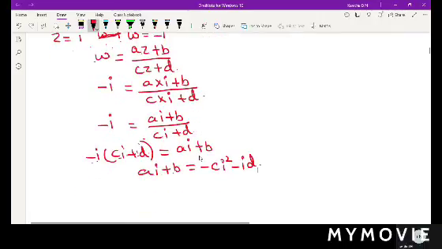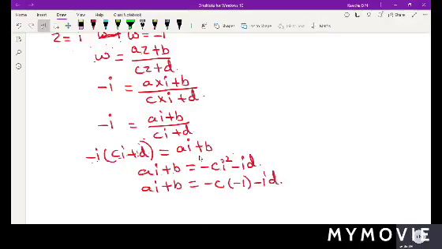Then ai plus b is equal to minus c, i squared is minus 1, and minus id. Next, ai plus b is equal to plus c, then minus id.